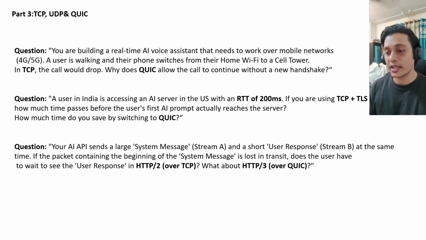You are building a real-time AI voice assistant that needs to work over a mobile network. A user is walking and their phone switches from their home Wi-Fi to a cell tower. In TCP, the call would drop. Why does QUIC allow the call to continue without a new handshake?